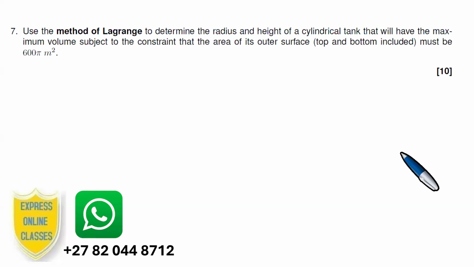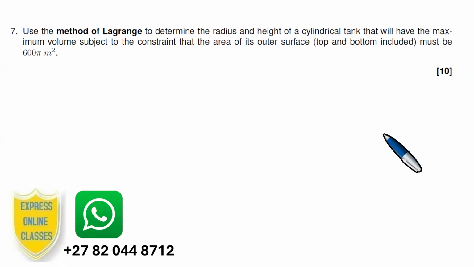The next one is 7, the method of Lagrange. Use the method of Lagrange to determine the radius and height of a cylindrical tank that will have the maximum volume subject to the constraint that the area of its outer surface, and the outer surface means the top and bottom included.